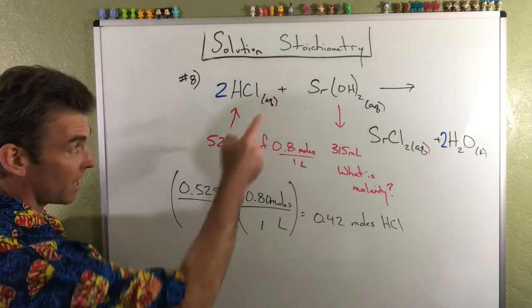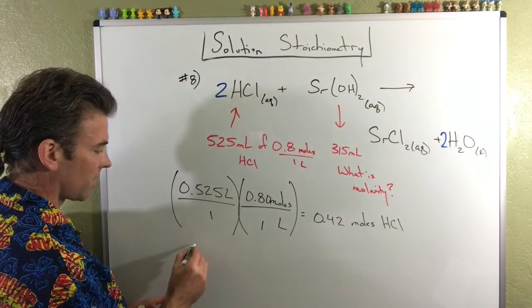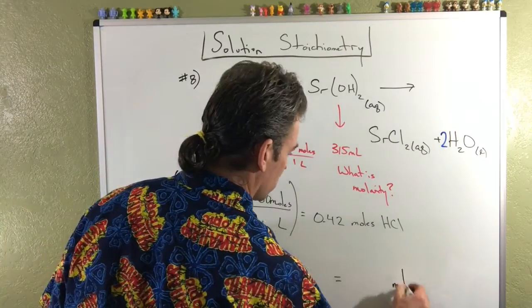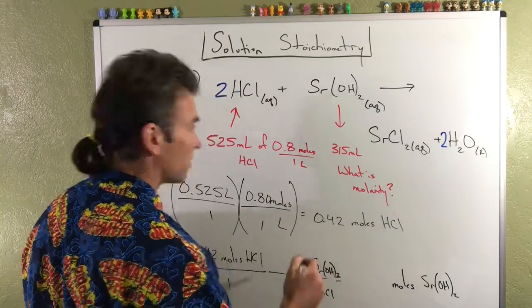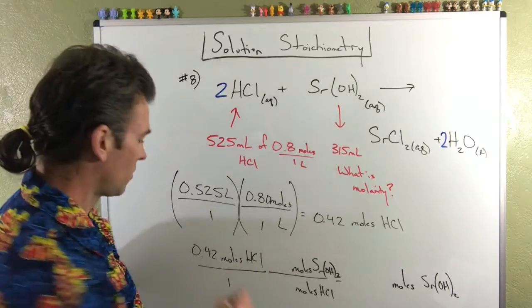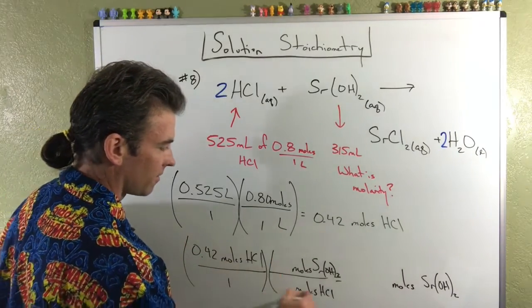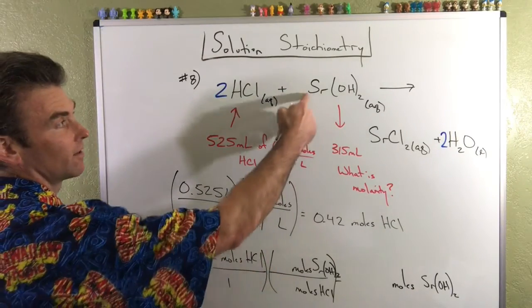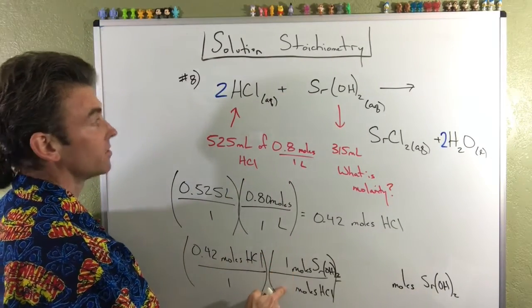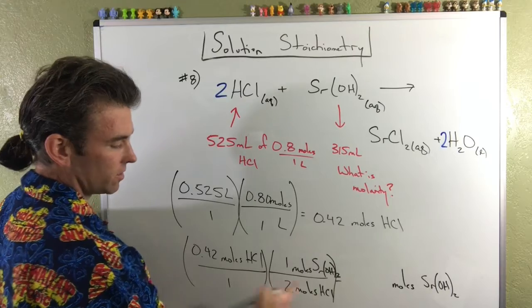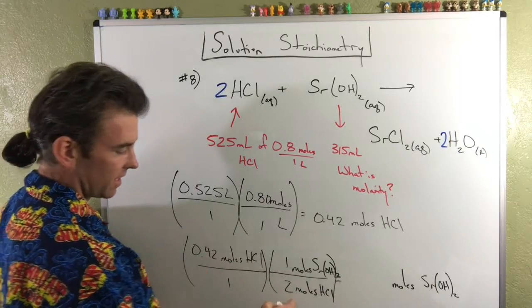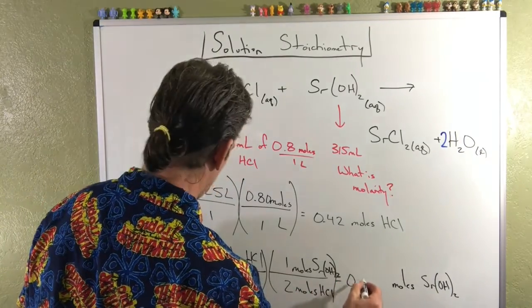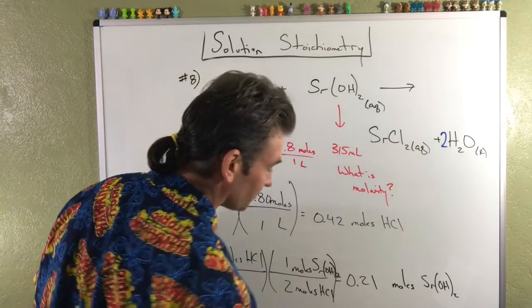I'm going to convert that into the strontium hydroxide. I am going to keep track of the numbers, right? I've got 1 with strontium hydroxide, the 2 with HCl, so I have to take this and divide, which I think I can even do in my head.